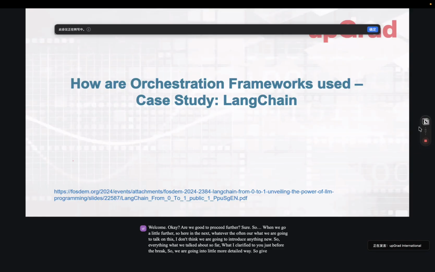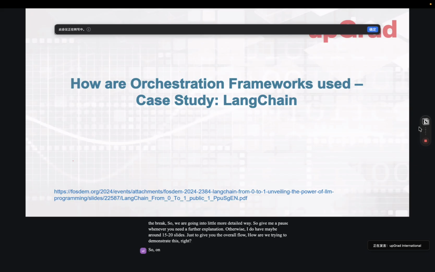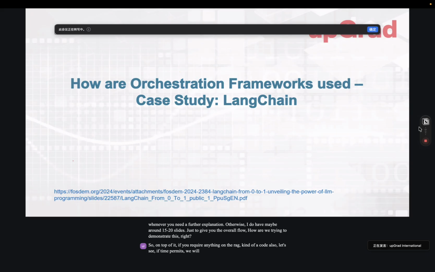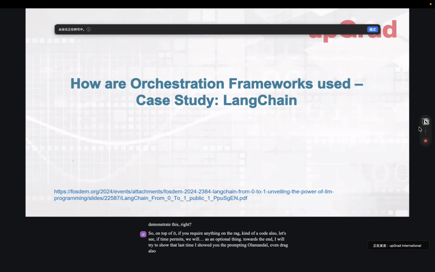Give me a pause whenever you need another explanation. Otherwise, I have around 15-20 slides just to give you the overall flow of how we are trying to demonstrate this. On top of it, if you require anything on RAG code, let's see if time permits, we will, as an optional thing towards the end, I will try to show that. Last time I showed you the prompting, Ollama and all, and even RAG, hopefully we can try to run as well.